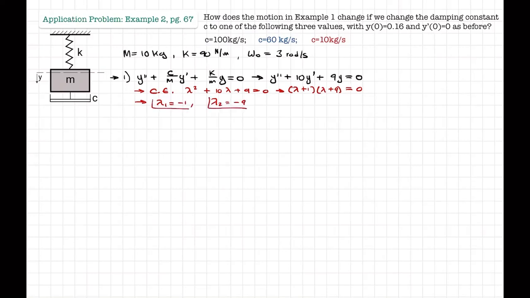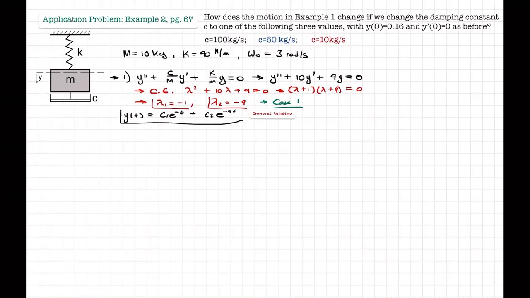Because these are two real roots, we know this is case 1, so our solution will be y of t equals C1 e to the negative t plus C2 e to the negative 9t. This is our general solution for this system.